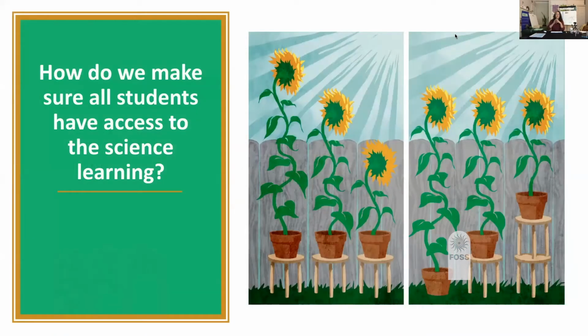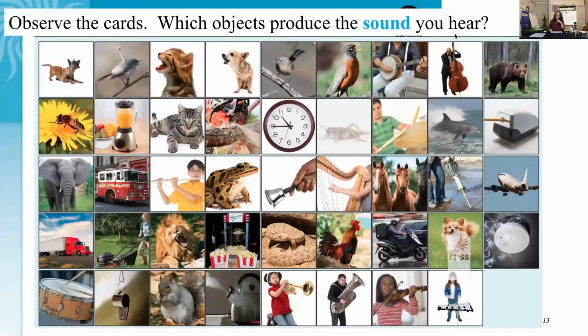So as I said, we're going to start with equity, and how we make sure all of our students are engaging in a really rigorous way in the science learning. Because this is a FOSS, even though it's virtual, we're going to try to make this as hands-on as possible, and use a lesson to provide a context for our discussion around how we do this.